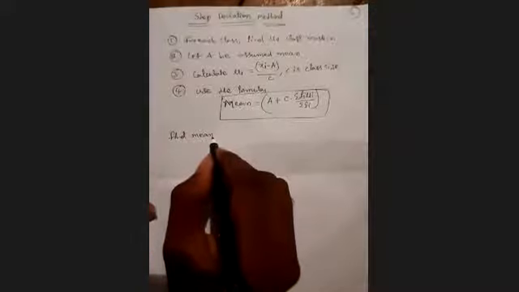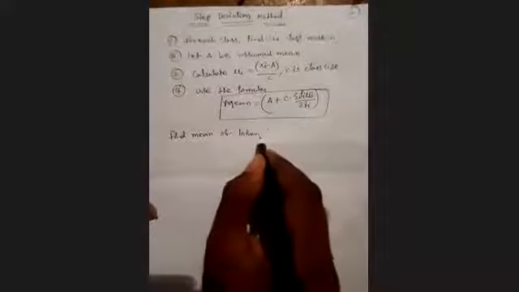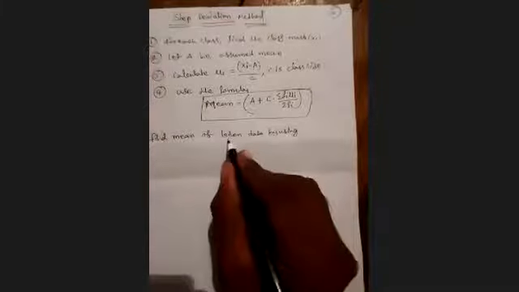Find the mean of the given data by using the step deviation method. There will be mentioned step deviation method, direct method, shortcut method, or assumed mean method in the question. Here it is mentioning: find the mean of the given data by using the step deviation method.